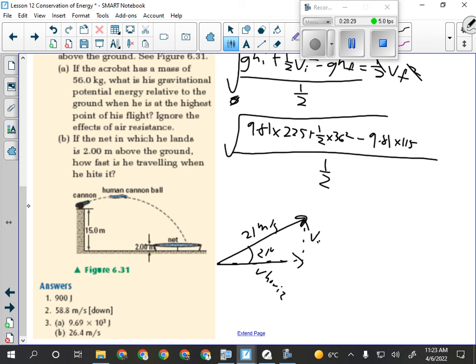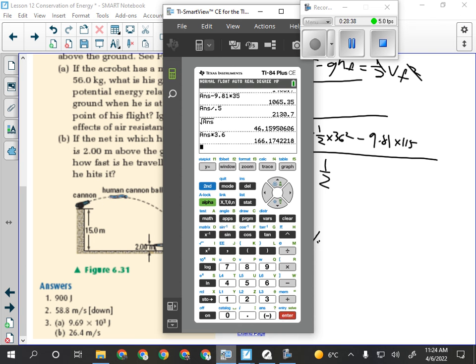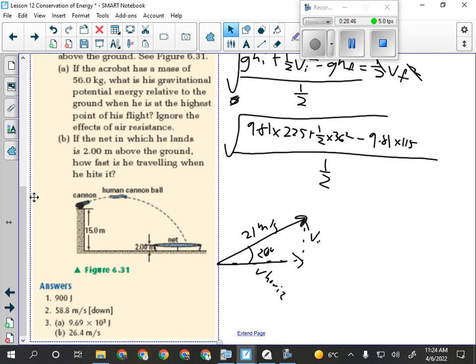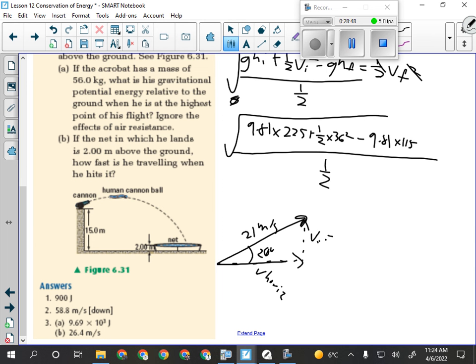And then I would just add that to the 15 meters. I think the angle is 20. Oh sorry, it's supposed to be 20. Okay, so I can calculate v initial vertical, which I'll do right now: sine of 20 times 21. All right, so there's my initial velocity, 7.18 meters per second.